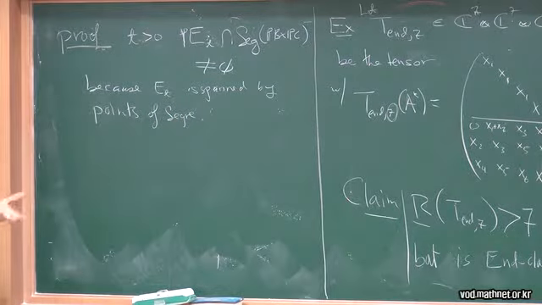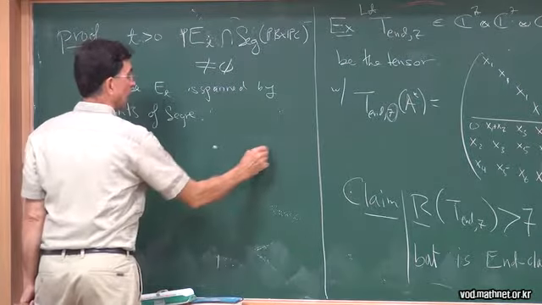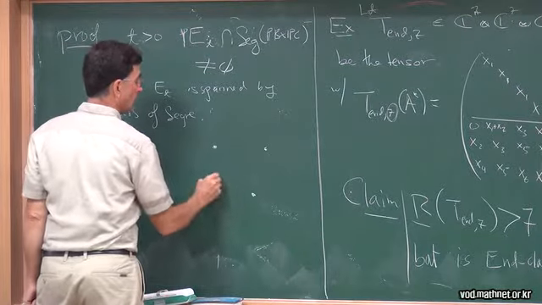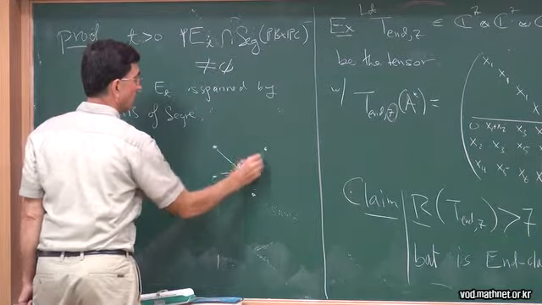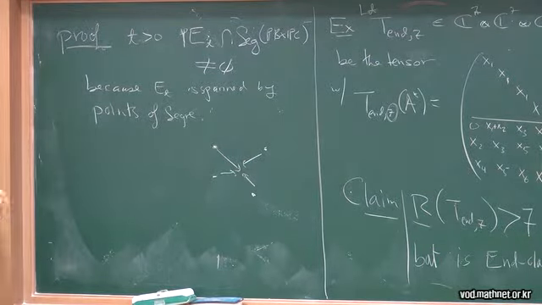Right? I mean, it's spanned by rank 1 matrices. Well, what can happen in the limit? In the limit, those R points may crash into each other, but they cannot all disappear.